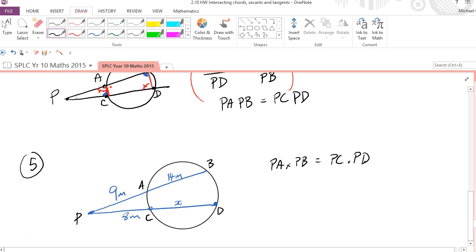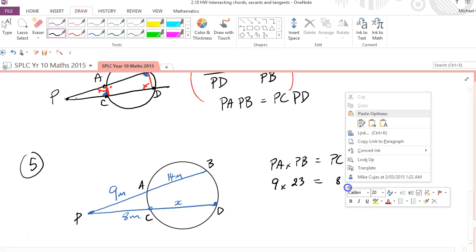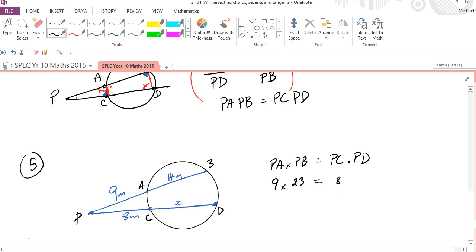It's important you get these right. So PA is 9 meters. Multiplied by PB, well PB is 9 plus 14, so that's 23. And that would be the same as PC, which is 8, multiplied by PD, which is 8 plus X. You can see that I've got to get the whole distance there.